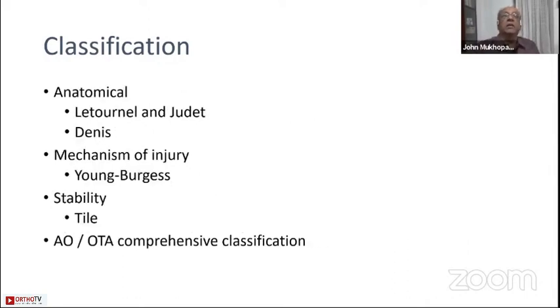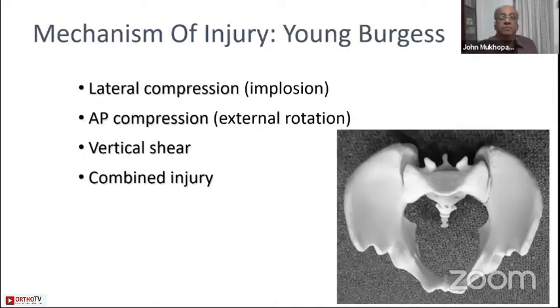The classifications were many, starting with the anatomical classifications, then the more recent and probably most commonly used one, the Young and Burgess. You also have a classification based on stability by Tile, and the AO-OTA comprehensive classification.